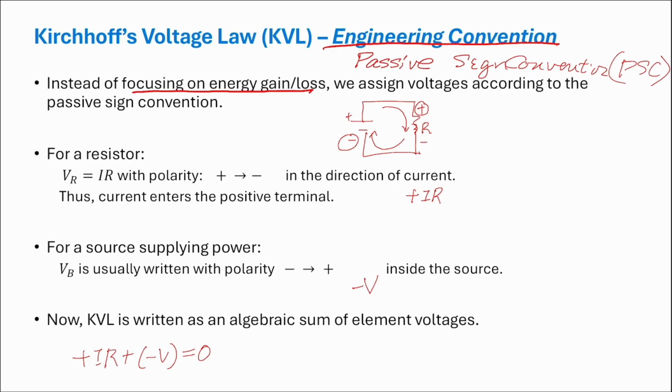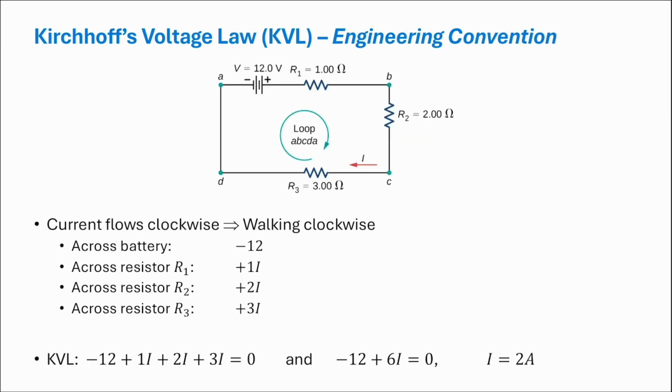But I want you from now on to stick to the engineering convention, or PSC, passive sign convention. Let's use the passive sign convention for the same question. Again, we have to mark the potential across each component.